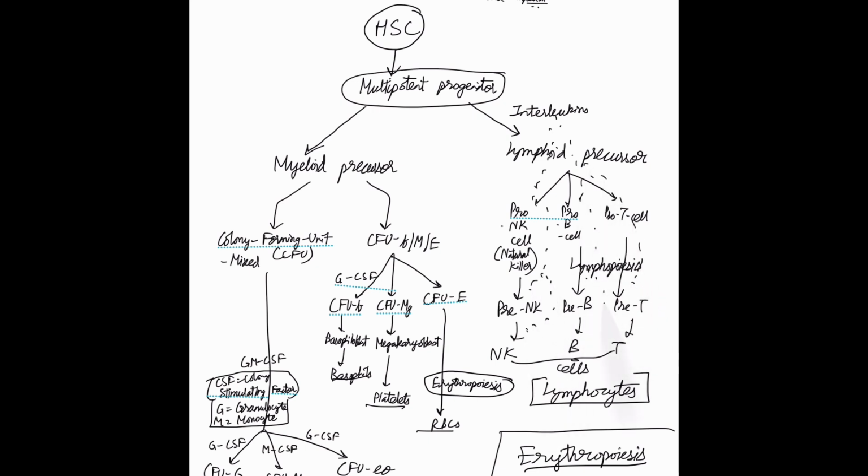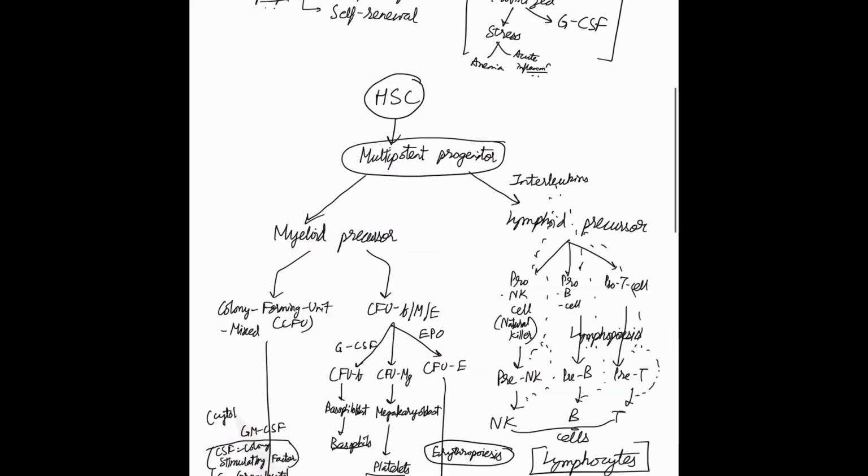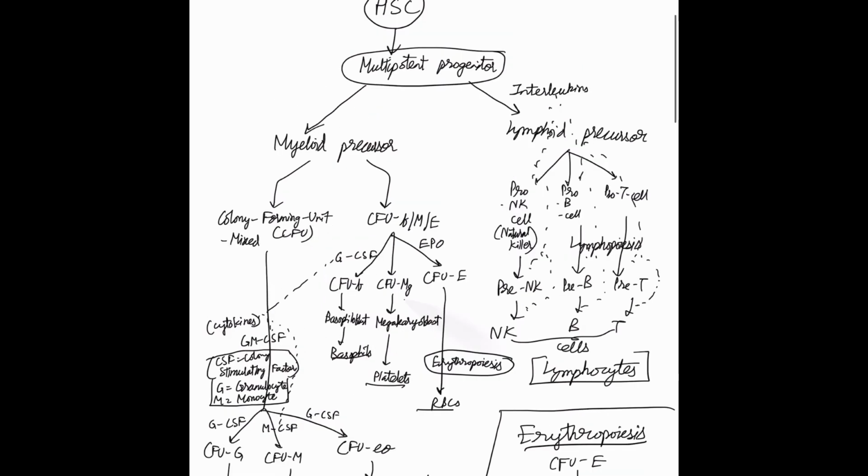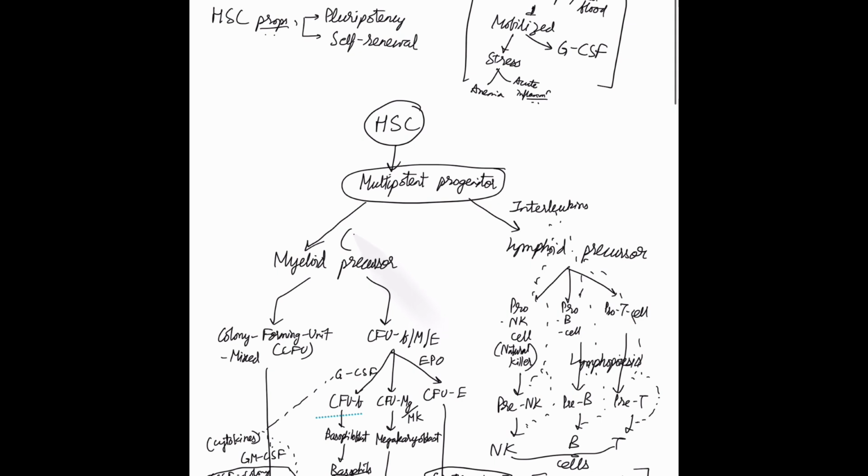We also have cytokines influencing various stages as well. I will depict it here. Also, by the way, CFU-MG is also referred to as MK in a few places, so do not get confused. Myeloid precursors are also known as CFU-GEMM. So, G is granulocyte, E is erythrocyte, M is monocyte, and the other M is megakaryocyte.